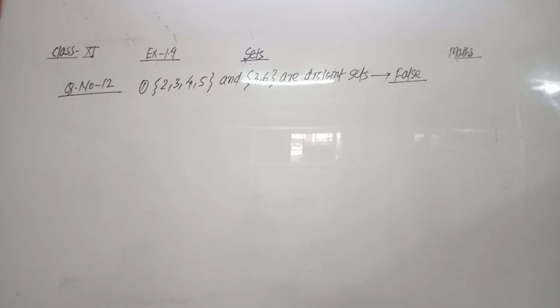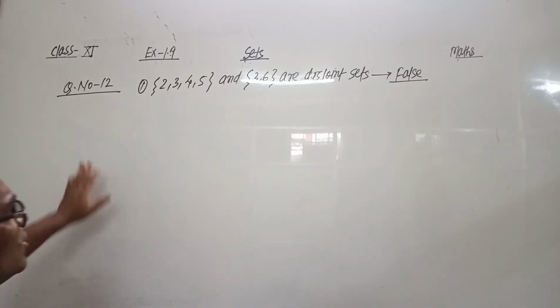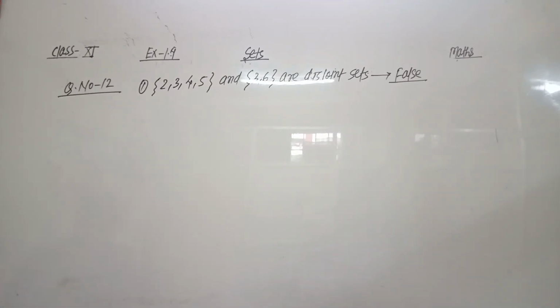Here the element 3 is common. Therefore, they are not disjoint sets. So this statement is false.